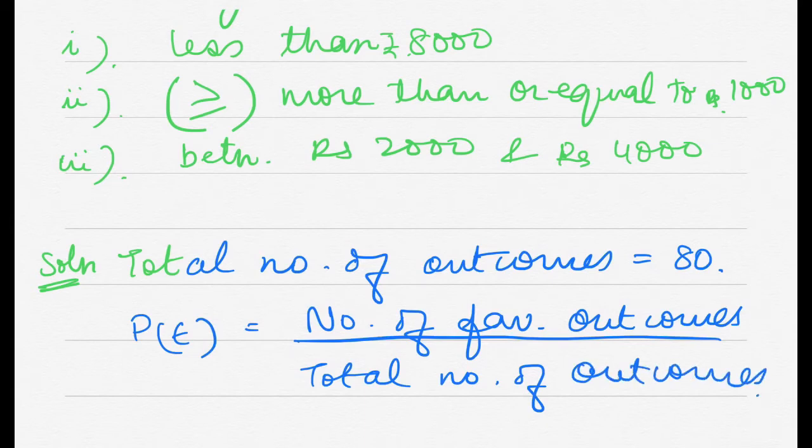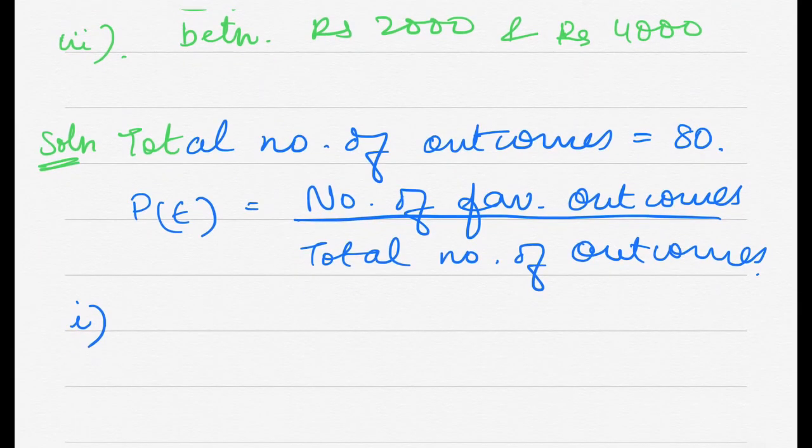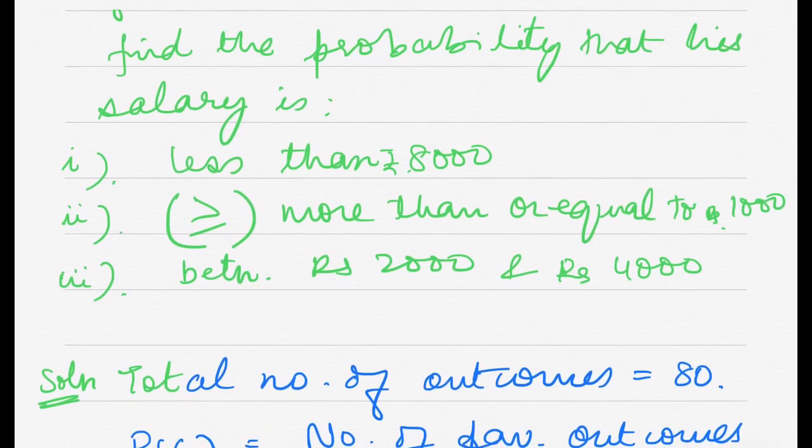This formula is important. Every time you have to write it at the start, so you don't have to write it for each part of the question. For each question you have to write it down, but if there are parts, you can write it once at the start. So less than rupees 8,000, correct.